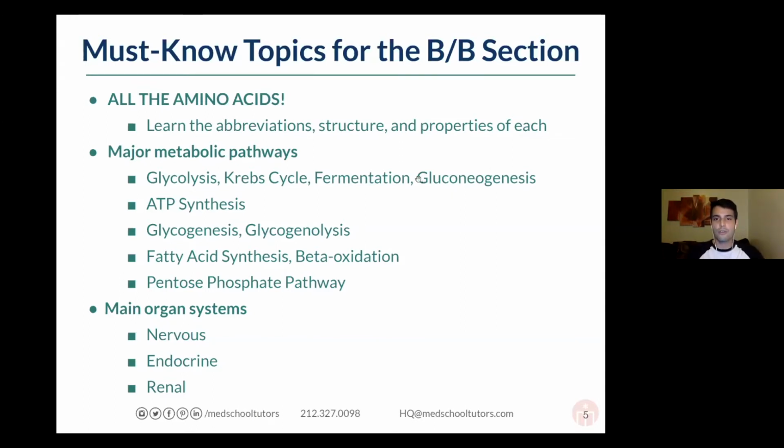And so glycolysis, the Krebs cycle, fermentation, and gluconeogenesis all go together because they're all related to glucose metabolism, right? Or glucose anabolism. And ATP synthesis, I kind of put aside just because I didn't want it to wrap, but it's also related to this. It's related to the Krebs cycle. So that's super important, and try to learn these metabolic pathways in relation to each other.